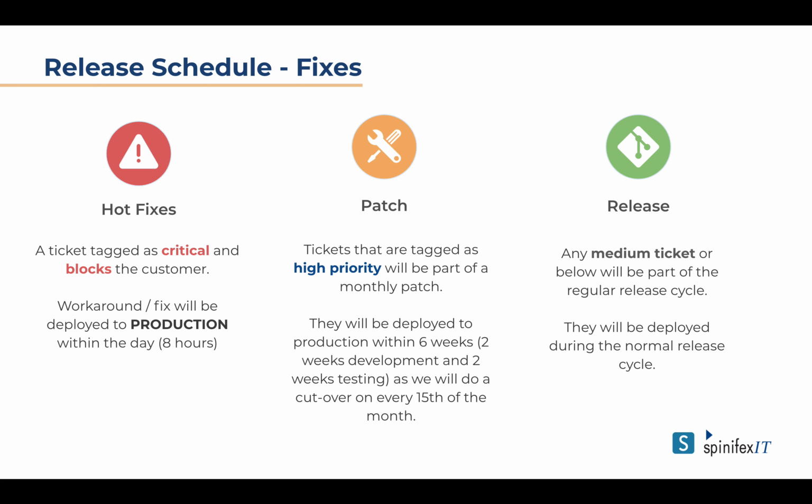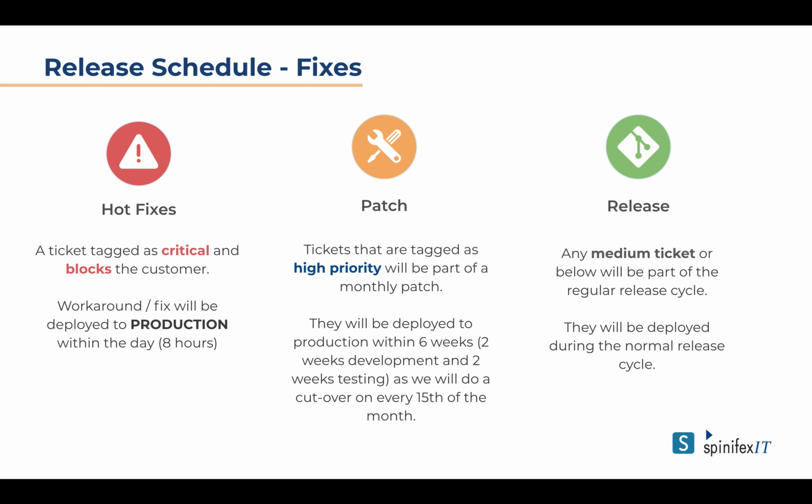That's when we will do a hotfix, when the ticket is tagged as critical. We'll always try to find a workaround or a fix that will be deployed within 8 hours. That's our internal commitment, but our standard SLAs for customers are larger than that.